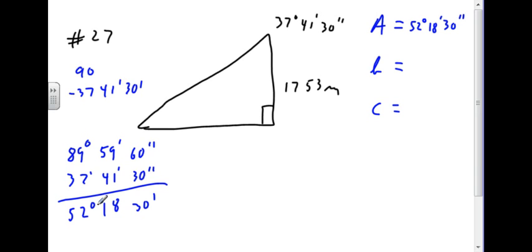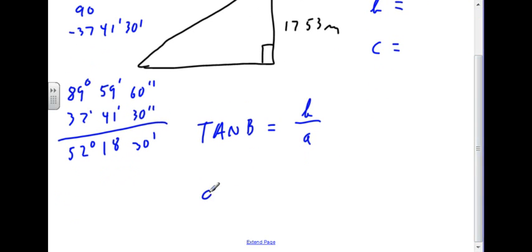All right, so now the issue is I need something else, right? So let's go with the tangent of A. Okay, so the tangent of, no, we're not going to do that. We're going to tangent with B. The tangent of B is going to be opposite, which is little b, divided by adjacent, which is little a. Do I know B?